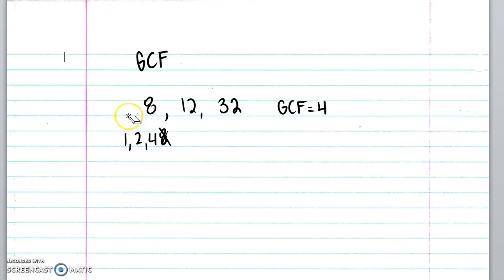Okay, let's talk a little bit about variables. Let's remember that x times x is x squared. X times x times x is x cubed.